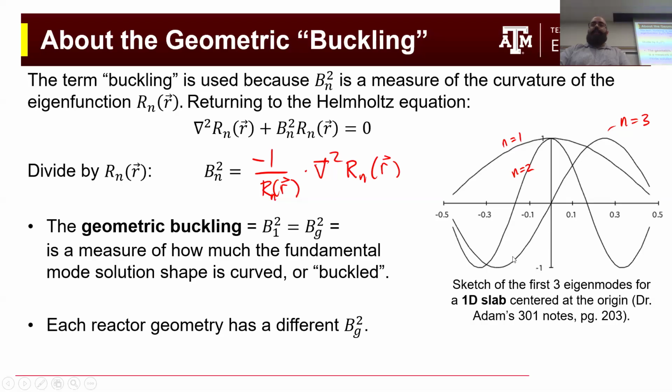Same thing with n3. So that's illustrating why n1, which for a 1D slab is a cosine profile, is what the fundamental mode flux shape looks like. Hopefully that helps illustrate why we can ignore the other eigenmodes that are not the fundamental mode, because they violate our physicality condition of the scalar flux.